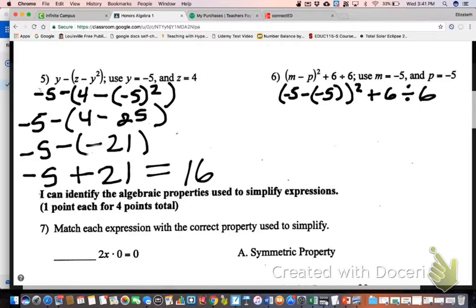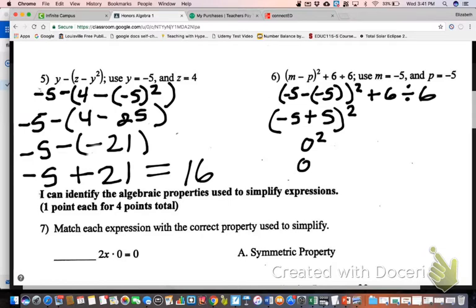So I need to take care of what's in the parentheses first, and inside I've got a -5 minus a -5. Well, again, minus a negative is really going to turn that into a plus. So a -5 plus a -5 is simply a 0. Well, if I square a 0, I still have a 0.